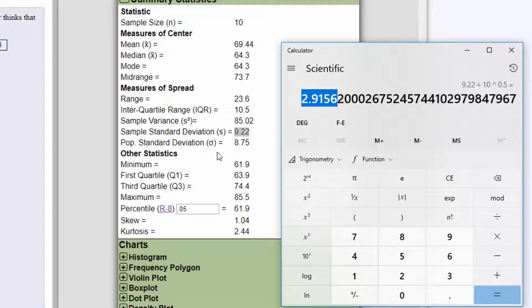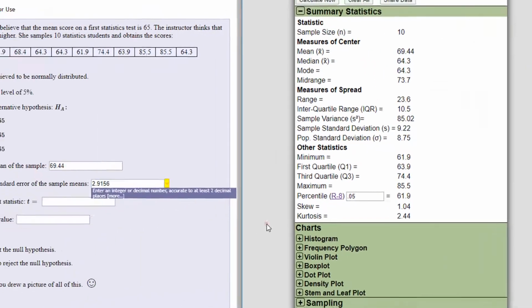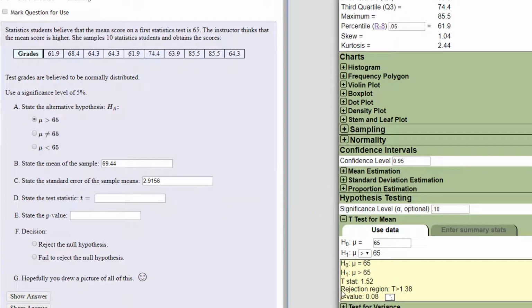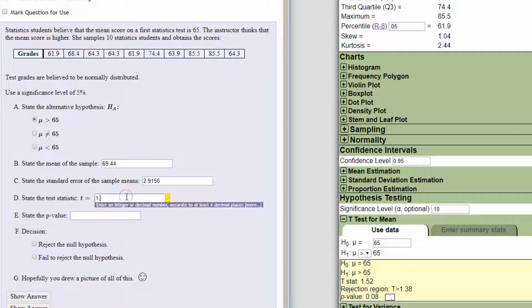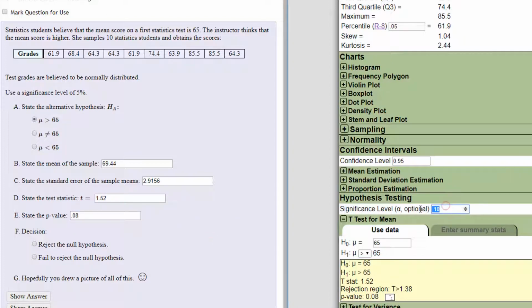I'll just copy that. That's my standard error. I don't really need that, I get the t statistic from here. The test statistic is this 1.52, and the p-value is 0.08. And at a 5%, 0.05 significance level, I am not going to be rejecting the null hypothesis from this.